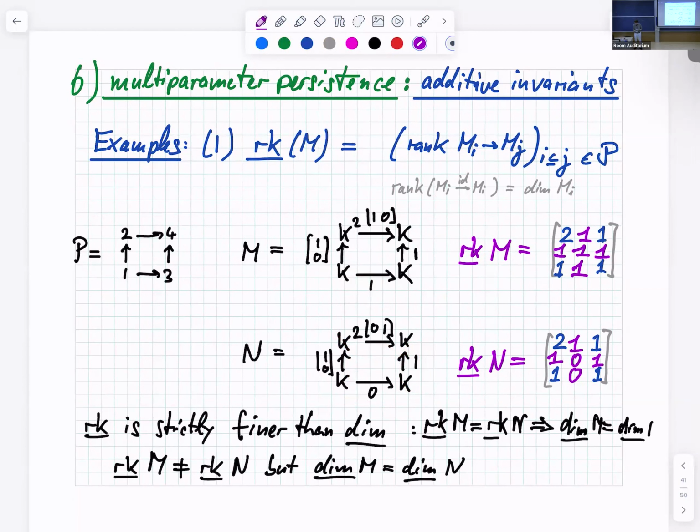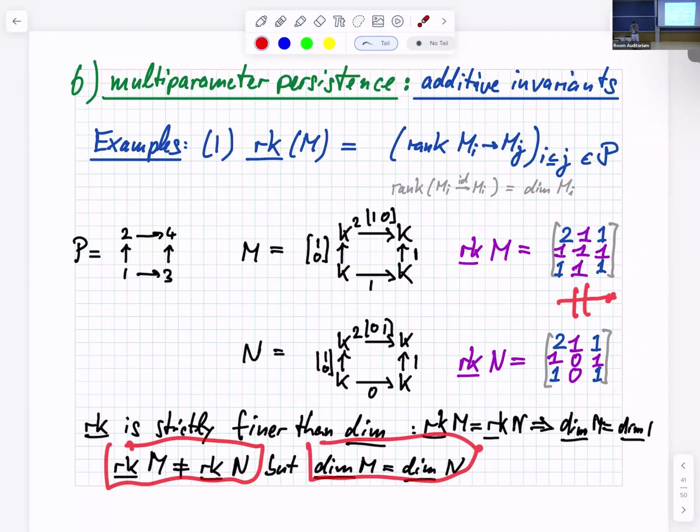That's what we know. So if I compare these two ranks, I see they have the same dimension, the blue things. But the rank information is different. They are not the same. So the rank invariant can distinguish these two modules, but the dimension could not distinguish them.